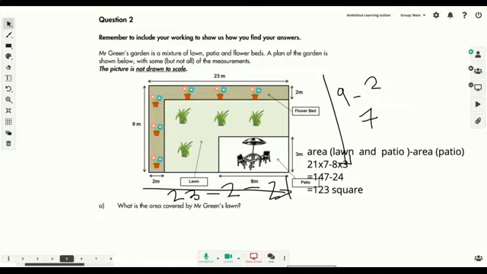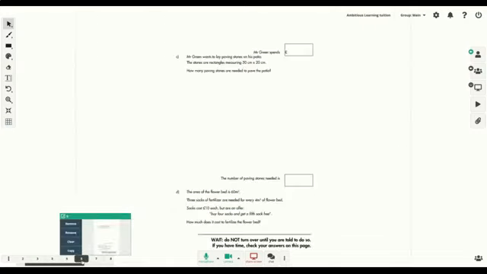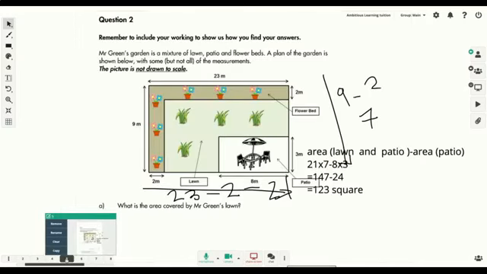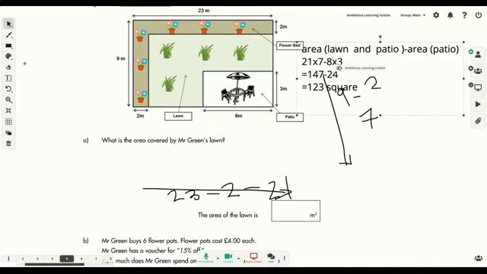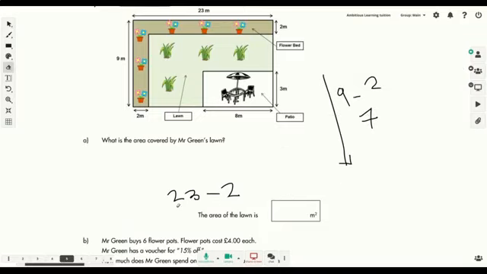So we found out what area is covered in Mr. Green's lawn. So let's move on to the next one now. I'll keep this here. I will remove the rest. So all is gone.